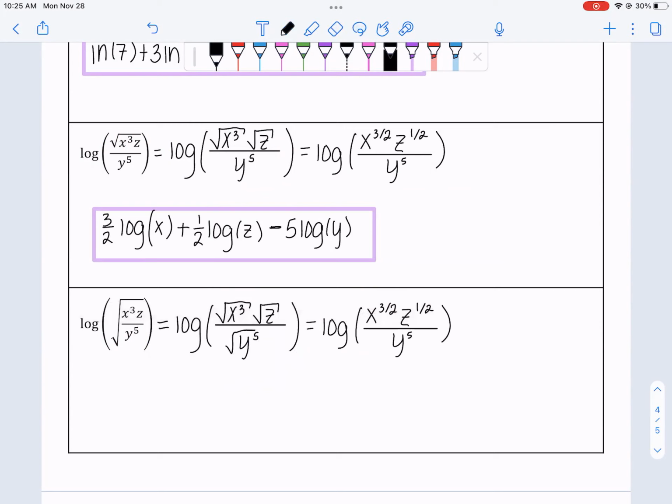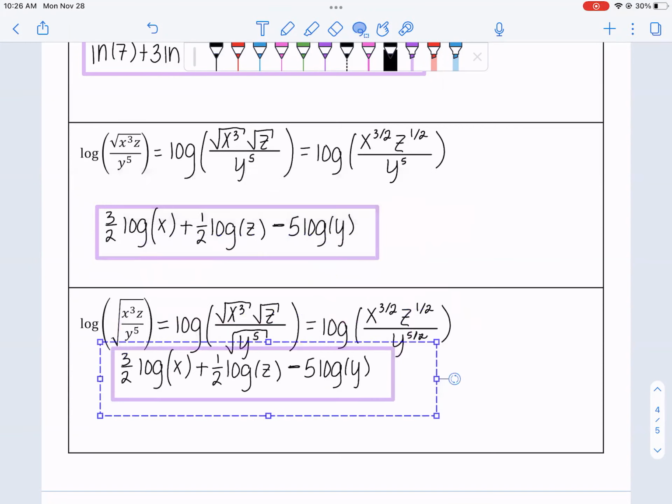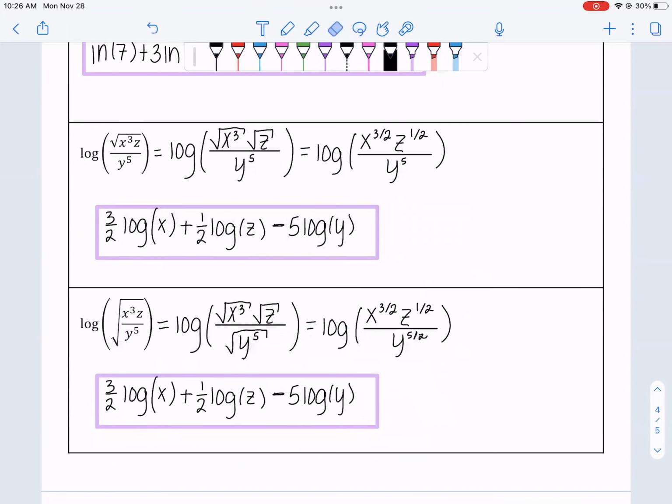But there would be a square root on the y to the 5th as well. Okay, if the square root is over everything, you have to give it to every single piece. So this would be raised to the 5/2 instead of being raised to just the 5. So it's going to be this entire answer, but a 5/2 here instead of a 5.